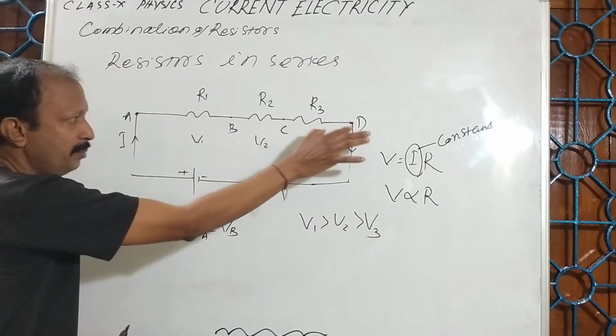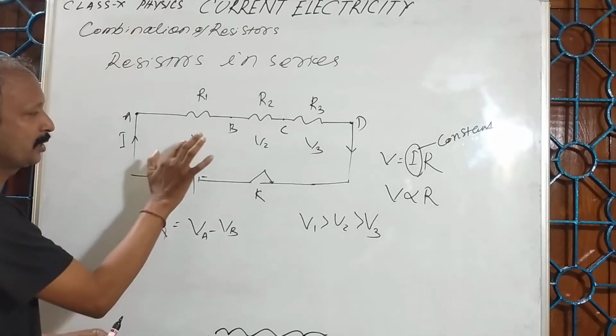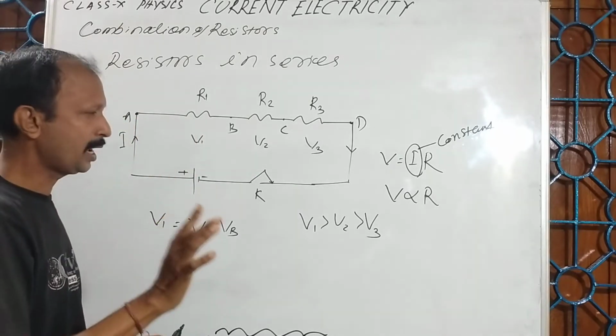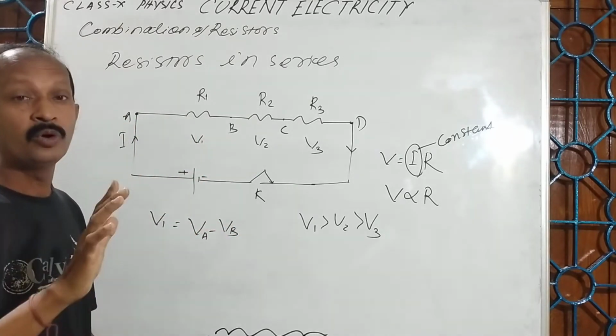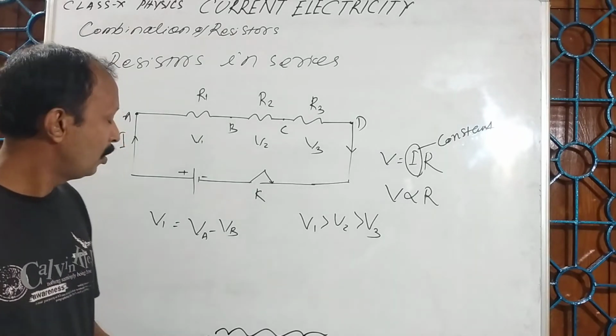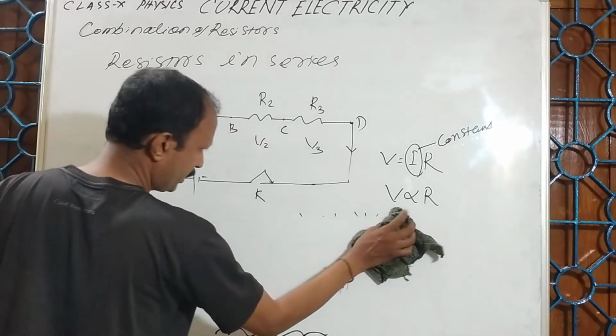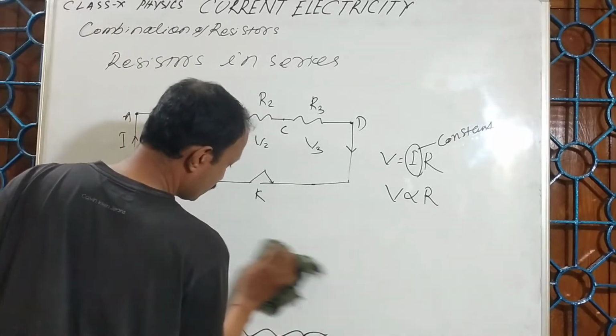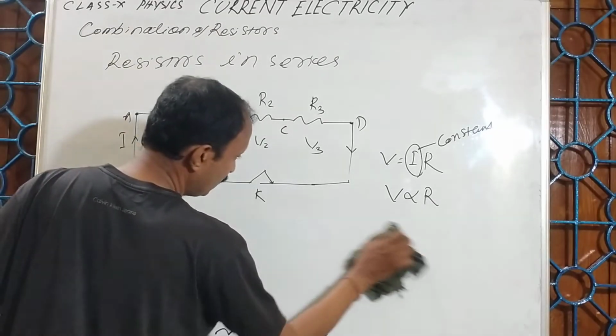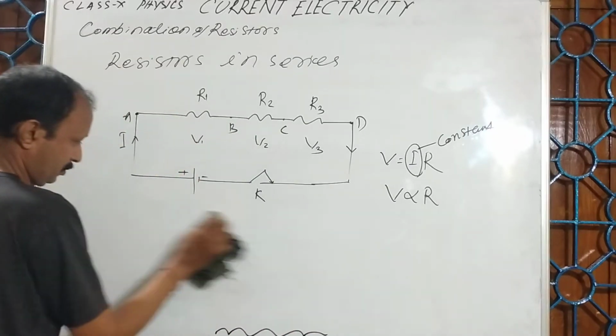That means the same current is flowing through it, but the potential difference across different resistors will be different. One thing you have to remember is that in series connection, potential difference is directly proportional to resistance.